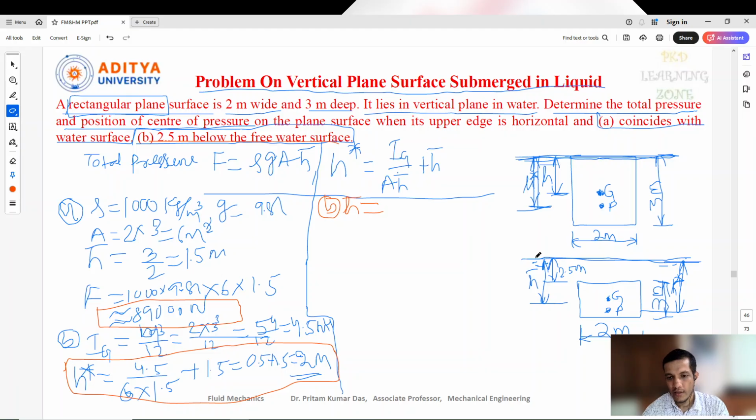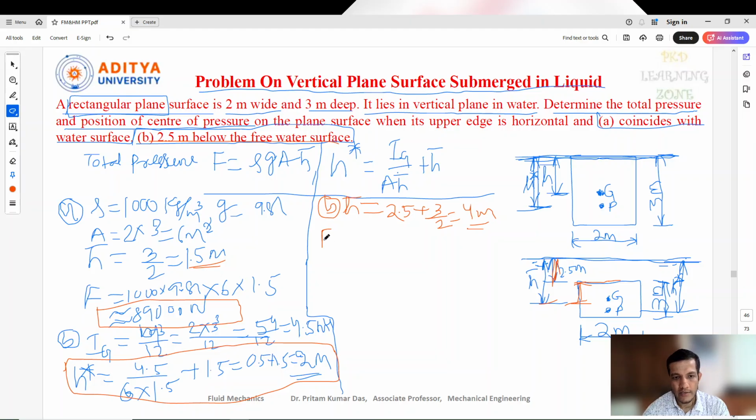Now here we need to consider half of the rectangular plane depth plus the distance from the free surface. So H bar equal to 2.5 plus 3 by 2, that means 1.5, so we get 4 meter. Previously we got 1.5, now it is 4 meter. Only that will be the difference, remaining all will be the same.